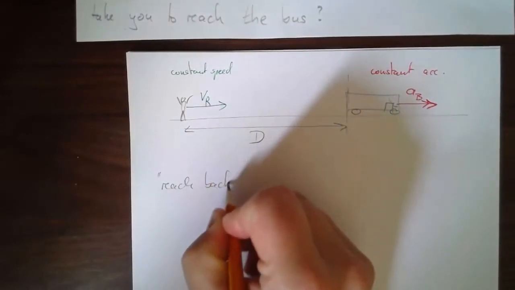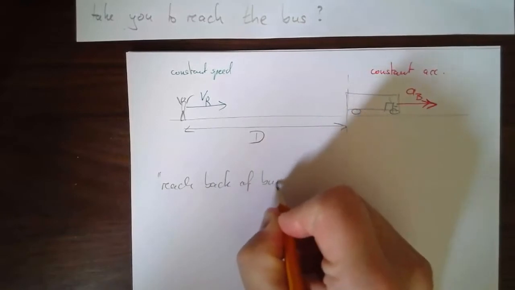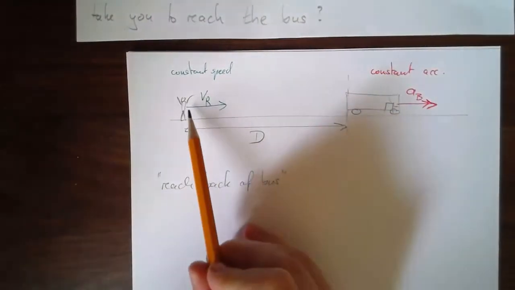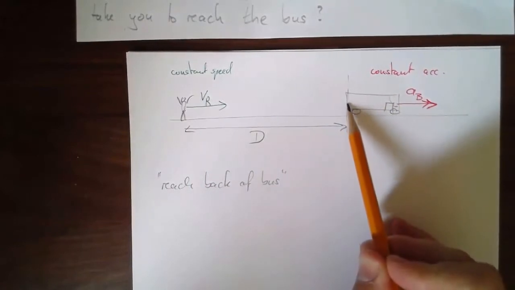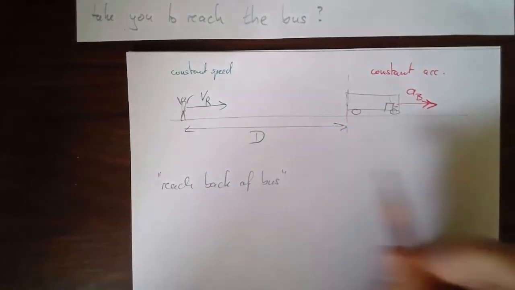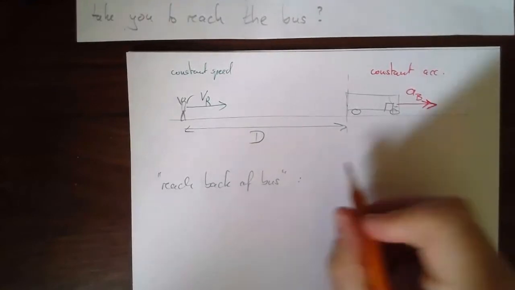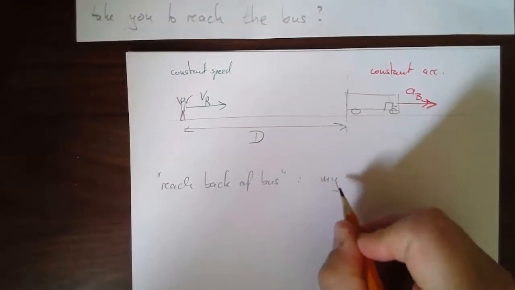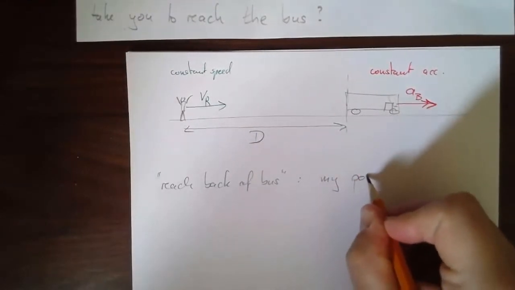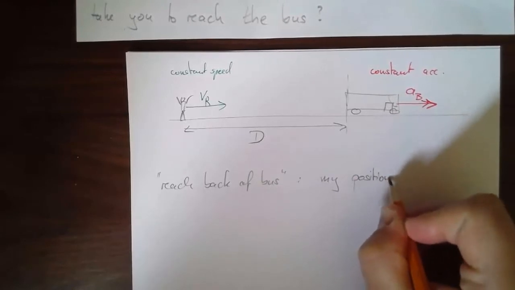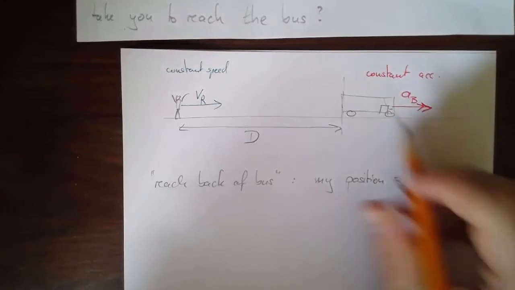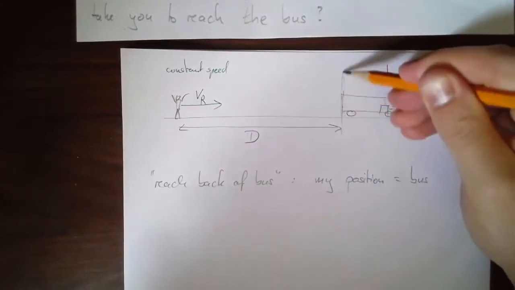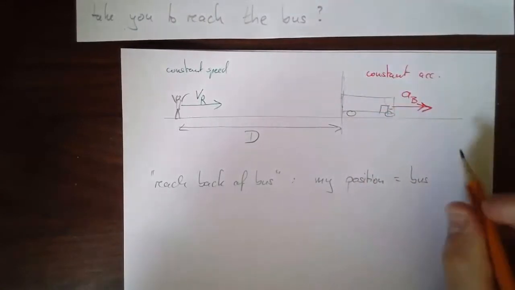To reach the back of the bus, mathematically speaking, it means my position is the same as the position of the back of the bus. So let's write this out. My position is equal to the bus position. And by bus, my reference point on the bus is the back of the bus.